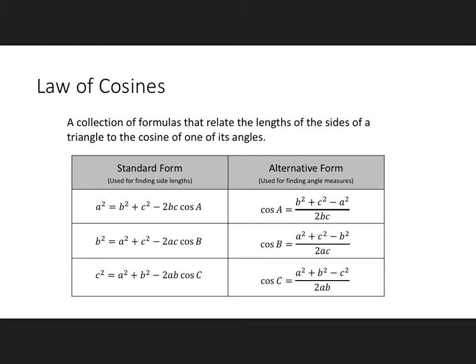If we look to solve for side A, we can use this first equation, which has sides B and C squared minus 2 times side B times side C times the cosine of angle A. So here you can see we're only using sides B, C, and then angle A. And when we're solving for B, we're using sides A and C, and angle B. And to solve for C, you're using sides A and B, and then angle C. That will fit in with what we have going on in our problem as well. So let's take a look at that.